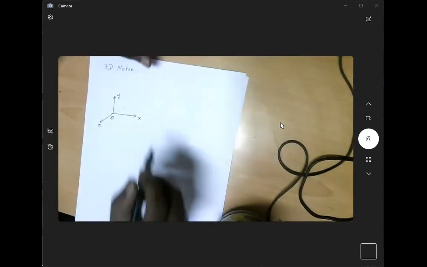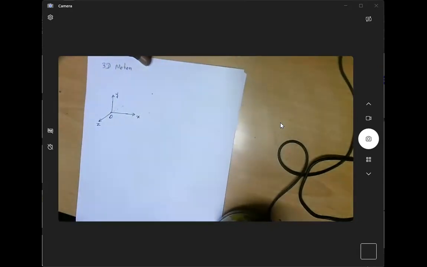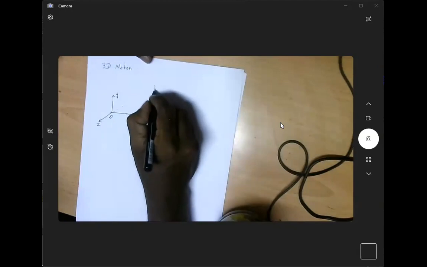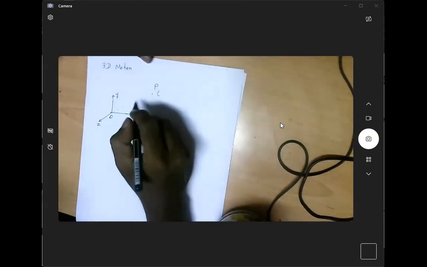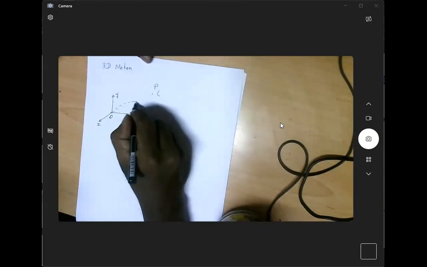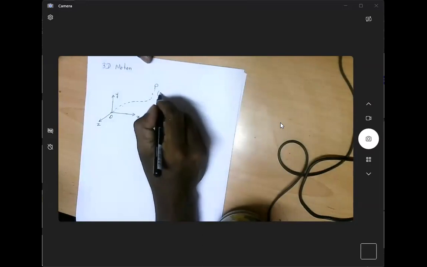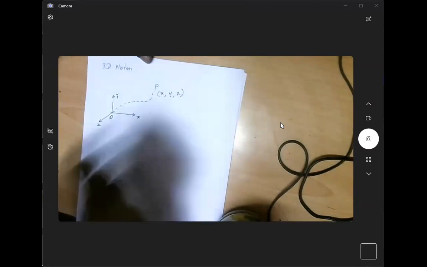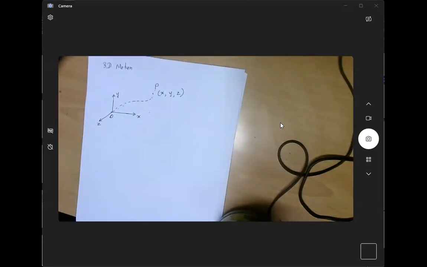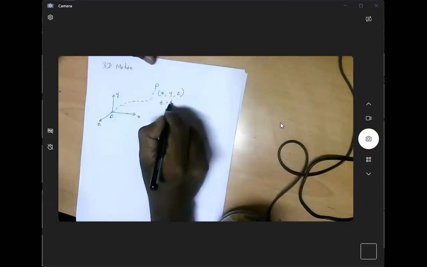Then let's say our particle is somewhere here, right? This is my particle P, and we can define its position. So let's suppose it is moving like this. At this instant by x, y, and z. Right? So the particle P is at x, y, z at time t equals t.